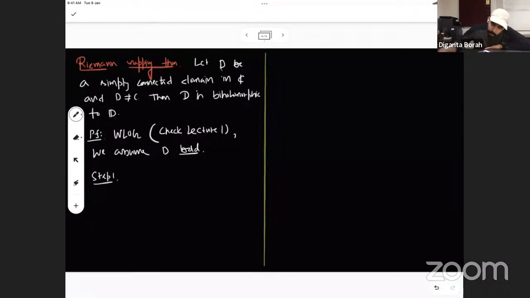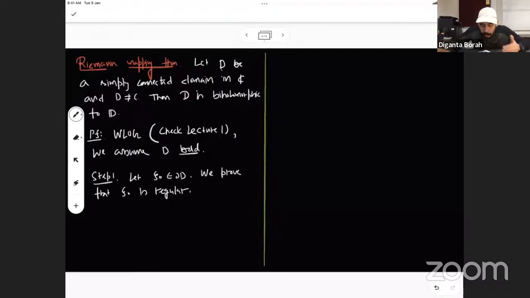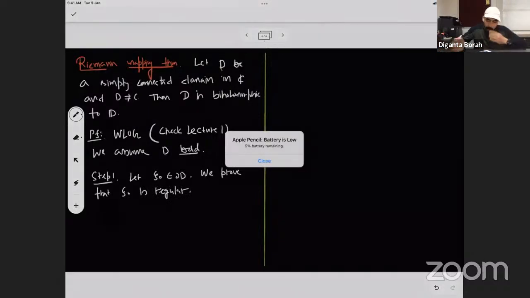But we have all the tools now. So I want to show that for zeta naught in the boundary of D, zeta naught is regular. So every boundary point is regular, and hence the Dirichlet problem will be solvable, right? That's the theorem we have proved.